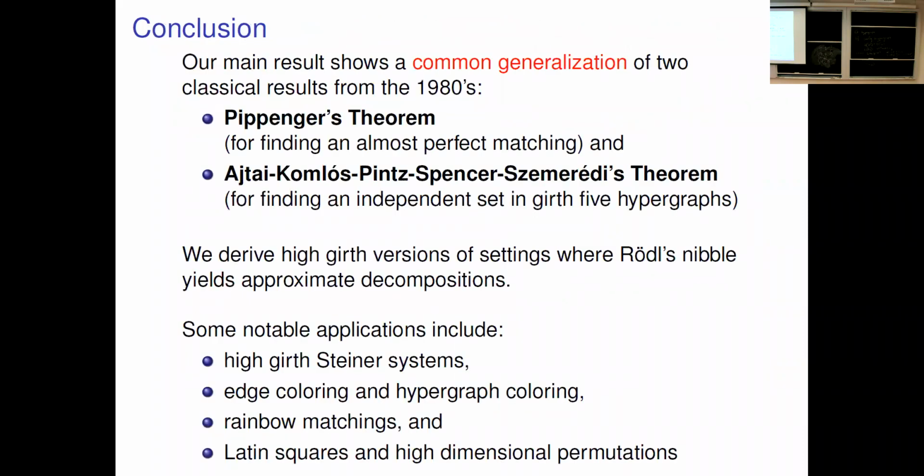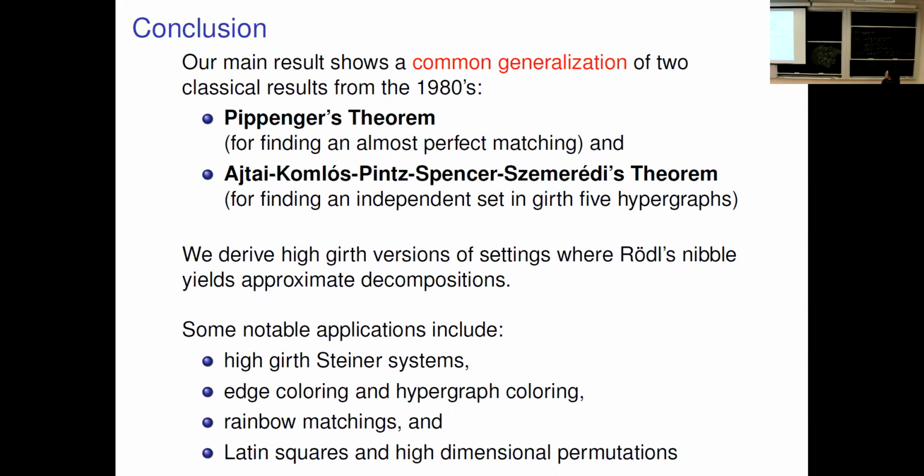But yeah, the main punchline is by using this notion of the configuration hypergraph and running the two nibbles simultaneously, you see that actually these are both morally special cases of some larger result.